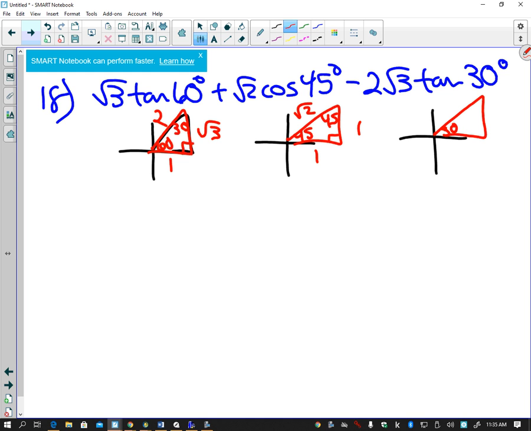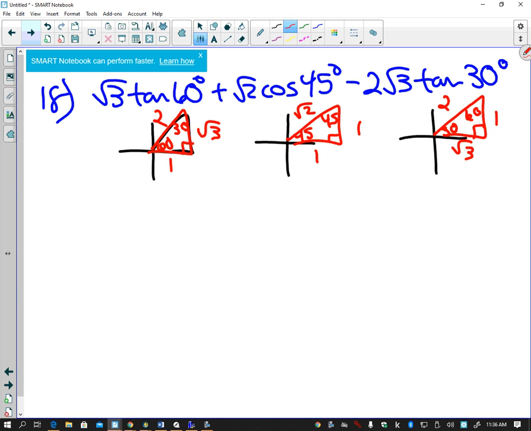So 30, 60, 90. What's opposite of 30? 1. What's the hypotenuse? 2. Radical 3. See, here's the thing, radical 3 is actually smaller than 2. 2 is bigger, because radical 3 is actually like 1.73, something to that effect.